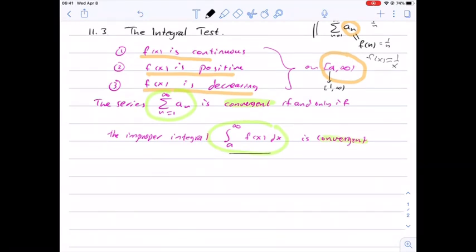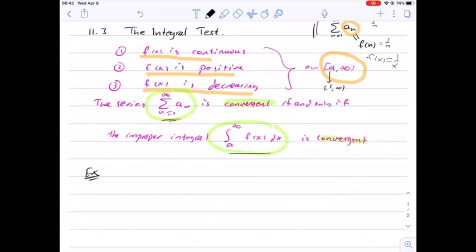This test is called the integral test. It's very important to note that it's not true that the series converges to the value of the integral. So if the improper integral gives us a value like 1, that does not mean the series converges to 1.